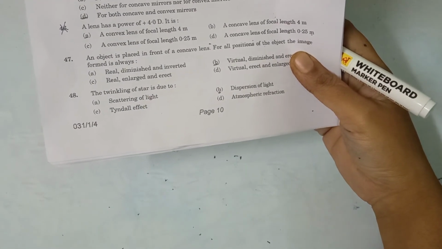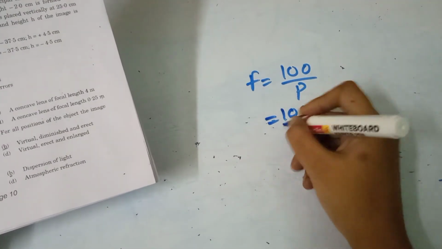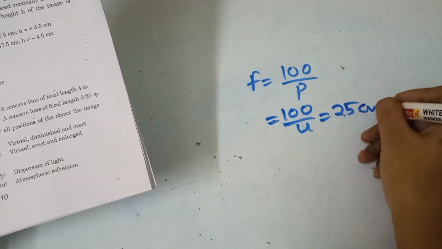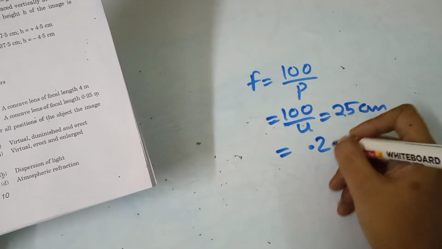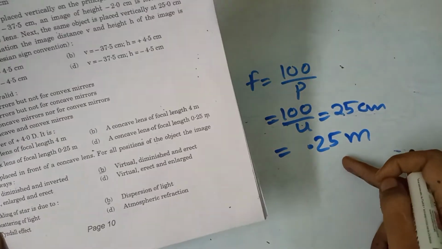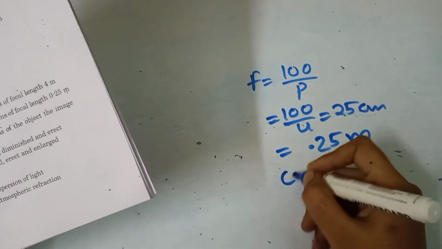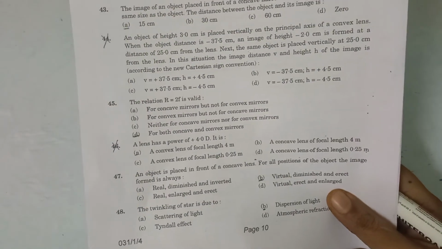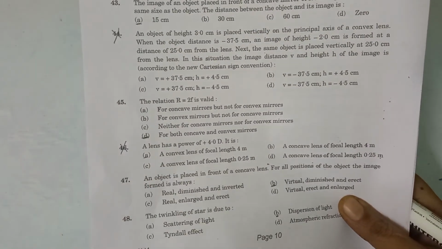In this question, power is 4, so focal length is equal to 100 by 4, which is 25 centimeter, or we can write 0.25 meter. And focal length is positive, that means it is a convex lens and focal length is 0.25. So C is the right answer.